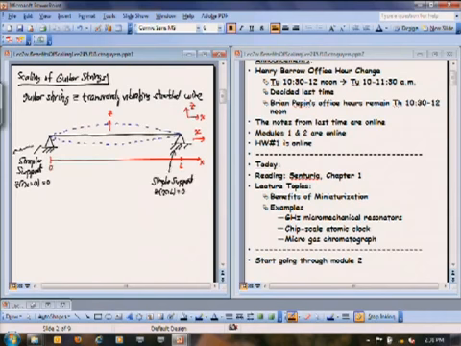The dashed line is often what we'll call the mode shape for a vibrating type, beam or string in this case. And what we're most interested in finding here is an equation for the resonance frequency.